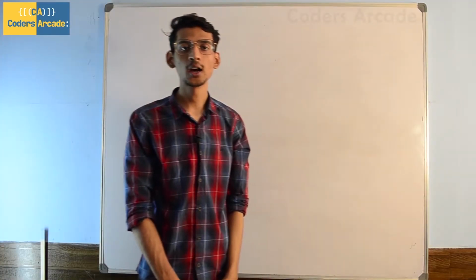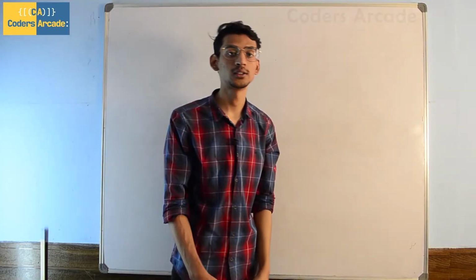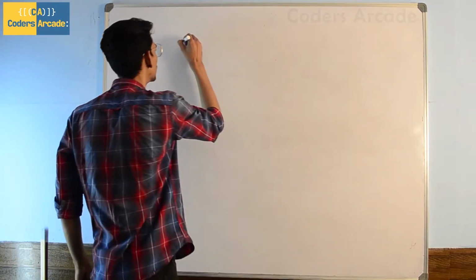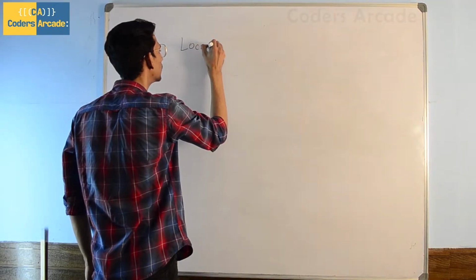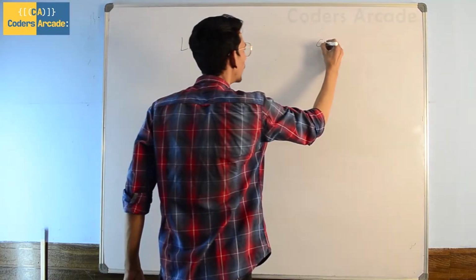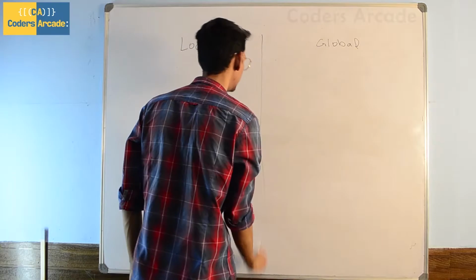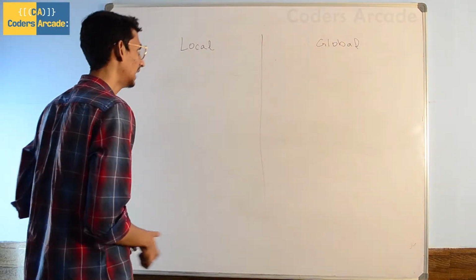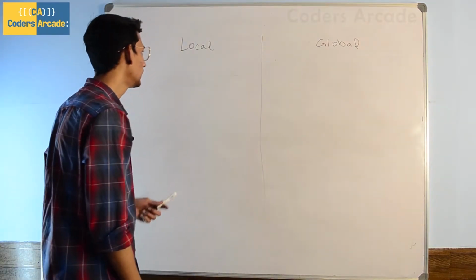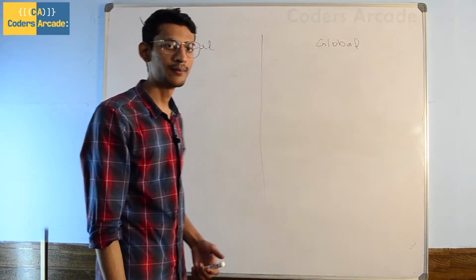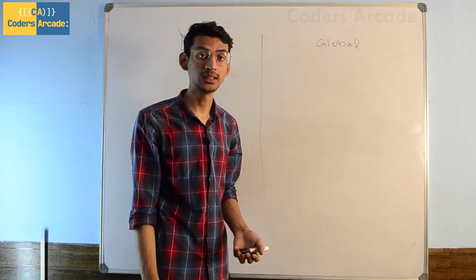Now let us see what global structures and local structures are. As the name suggests, a local structure is a structure which is defined inside a function or a method.